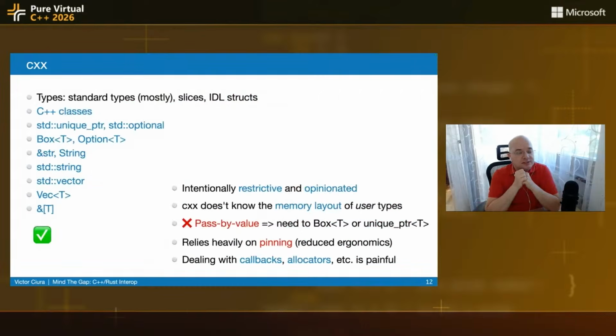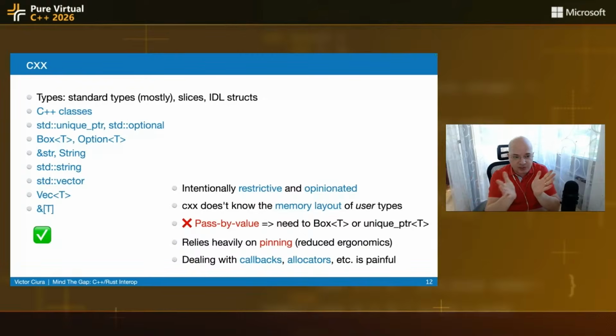So what does CXX get you out of the box? Again, you can deal with most standard types, slices, everything you put in your IDL definition in terms of structs, including user-defined things, C++ classes in general. You can have the usual suspects, vocabulary types that you would use, like unique pointer, optional, and the Rust counterparts like Box and Option.